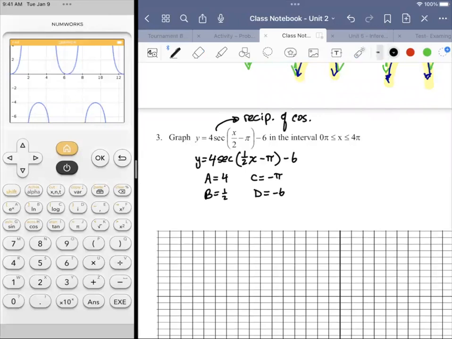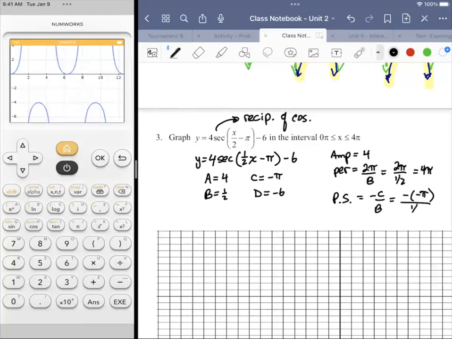All right, so my amplitude, 4 units. Period, 2 pi over B. So 2 pi over 1/2, which is 4 pi. The phase shift. So we have a phase shift now. The PS, negative C over B. The C itself is negative, so negative negative pi over 1/2.